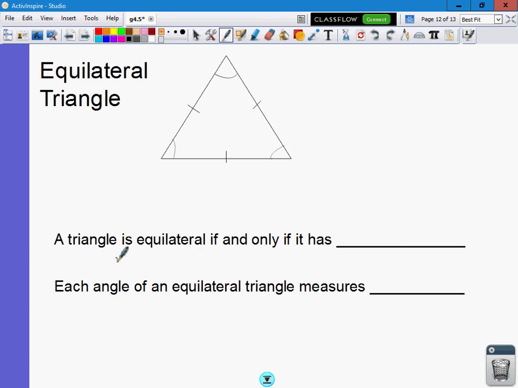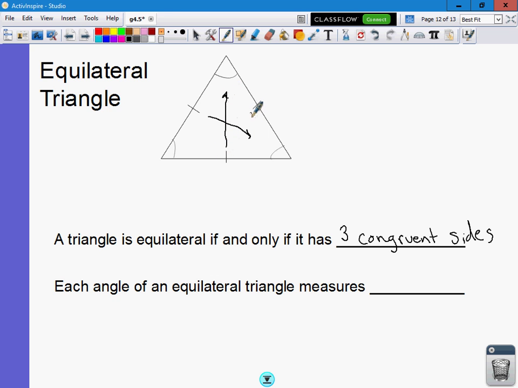Equilateral triangle. A triangle is equilateral if and only if it has three congruent sides. If the three sides are congruent, what can you tell me about the three angles? They're also congruent because I know that opposite of two sides would have been congruent angles.